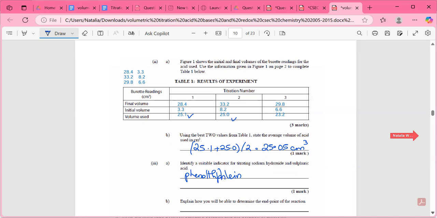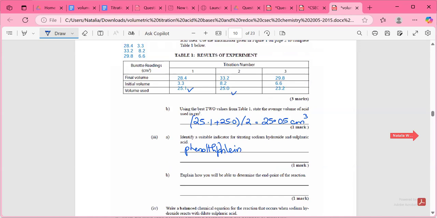So for my endpoint, in my pipette, I have a base. So my phenolphthalein in base is going to be pink. And when acid is added to it, it turns from pink to colorless.